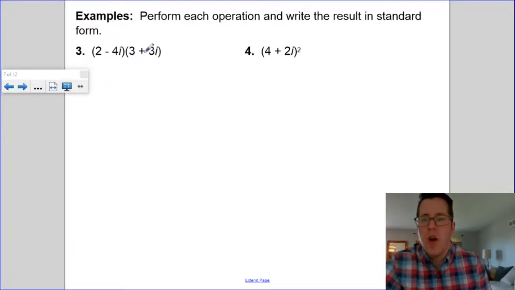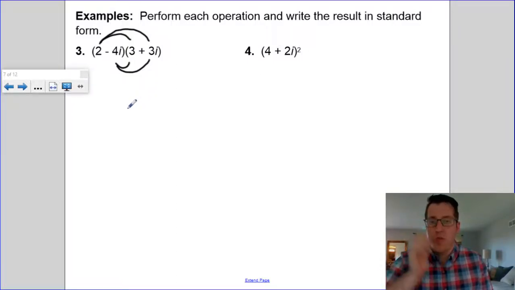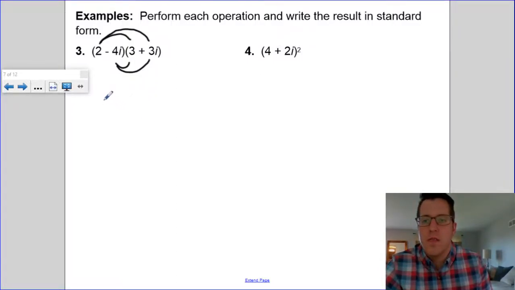For example, here on problem 3, we would distribute the 2 and the negative 4i to each of the two terms grouped in the second set of parentheses.